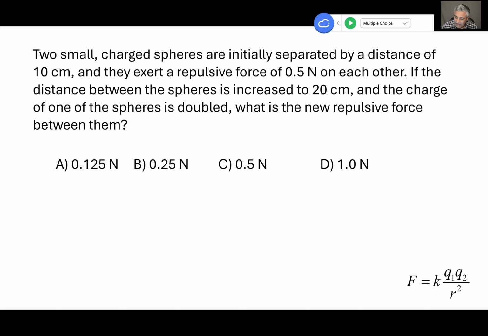Okay. So this is the equation that gives us the force between two charges. And here the force is known. Force is given for one separation, right? So r is given, k is a constant, and the charges, those values, are not changing. So that means they are constant.